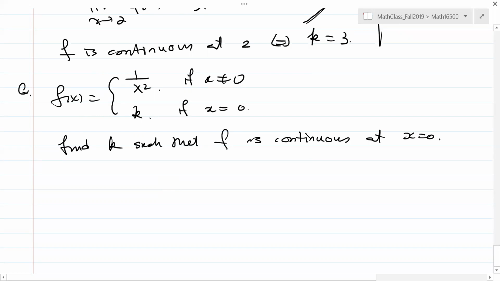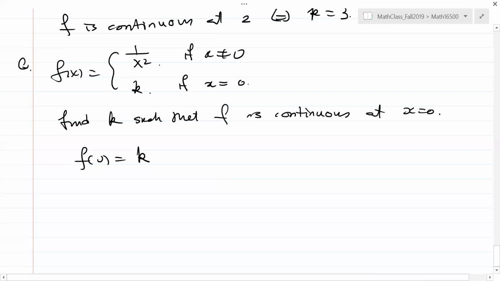How do you see that? Well, clearly the value of the function is defined, right? It's no problem. In order to prove it's continuous, you have to find the limit. The limit as x approaches 0 is going to be the limit of 1 over x squared. Approaching 0 means x is getting close to 0, but x is not equal to 0.